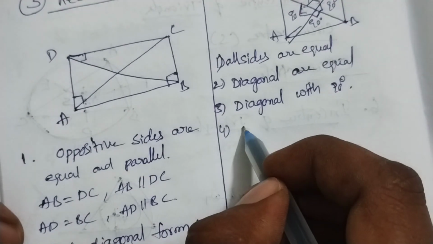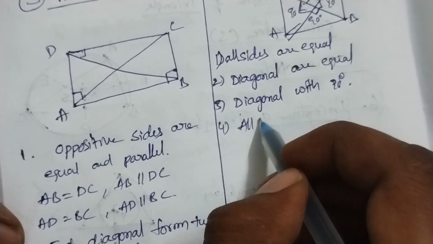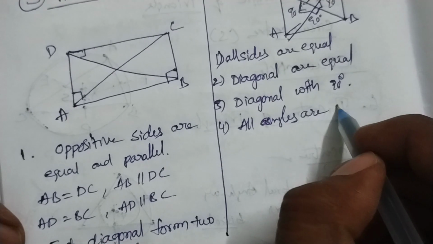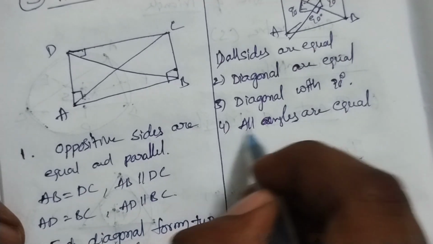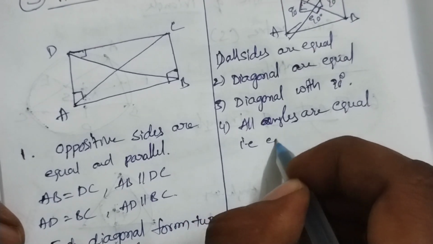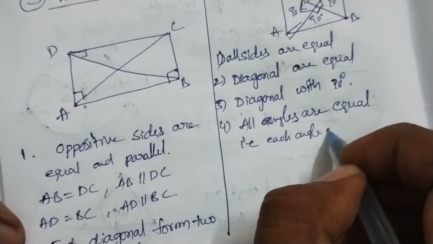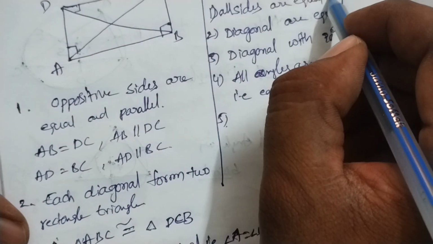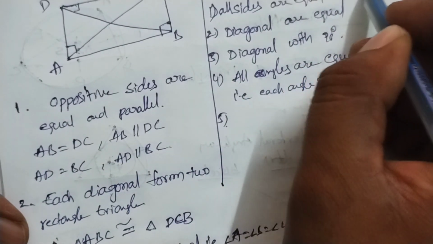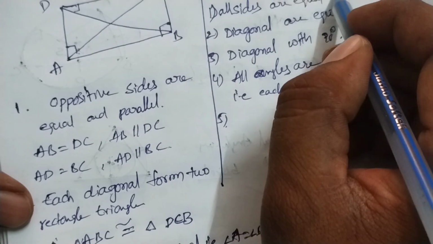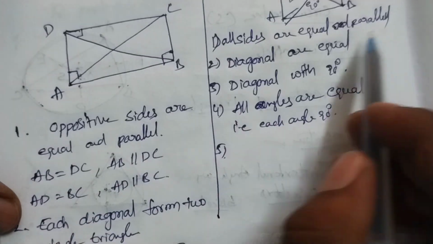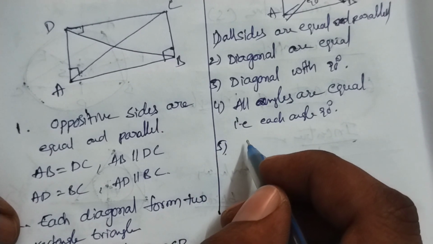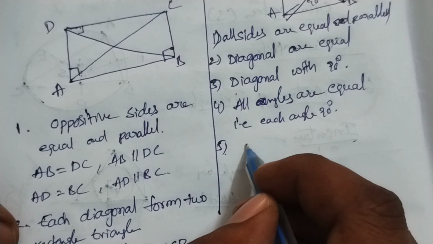All angles are equal, each angle 90 degrees. All sides are equal and opposite sides parallel also.